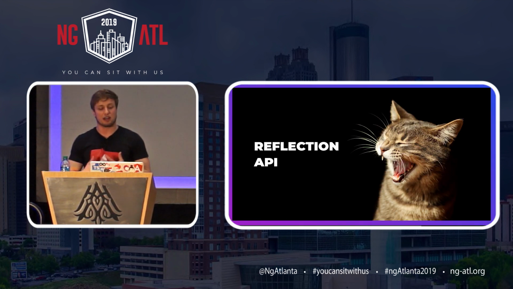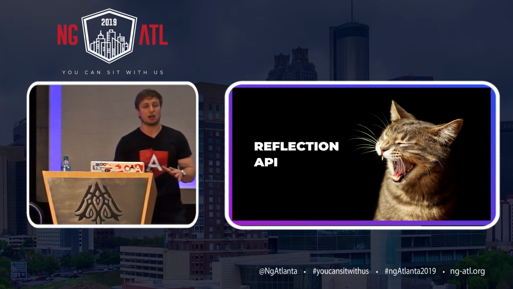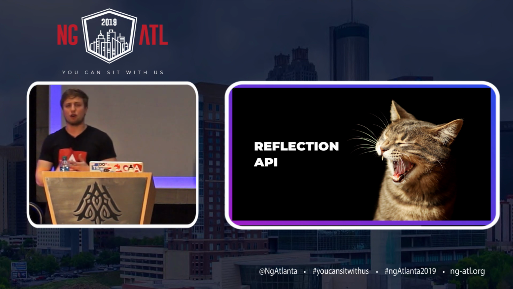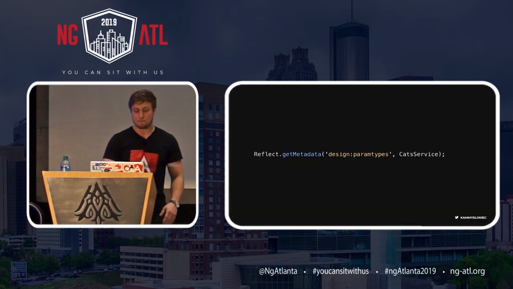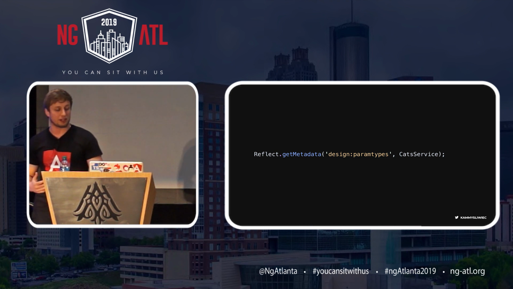TypeScript gives us a polyfill, a metadata reflection API, that enables us to put some meta-programming on top of JavaScript. And it's all about providing a consistent, simple, straightforward approach to reason over metadata. Using the metadata reflection API, we can get constructor parameter types.